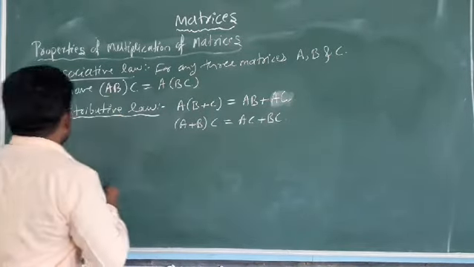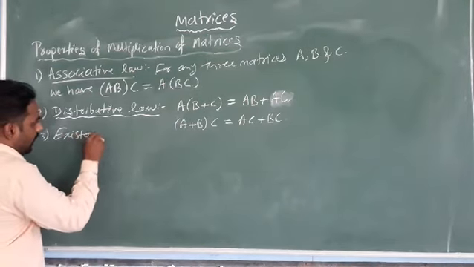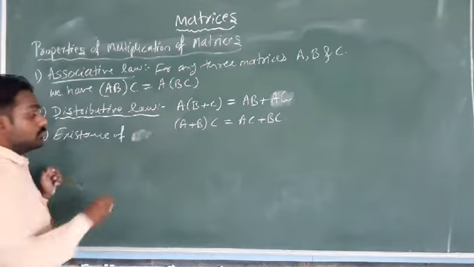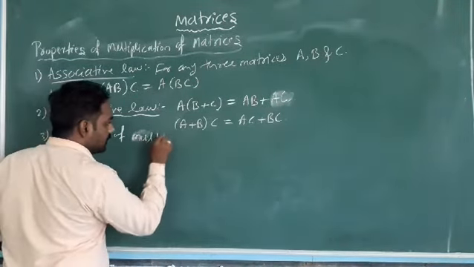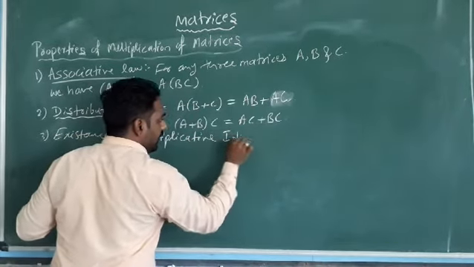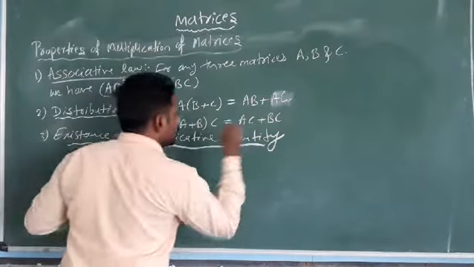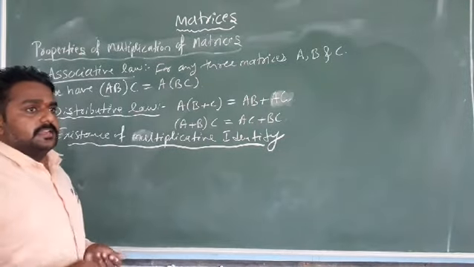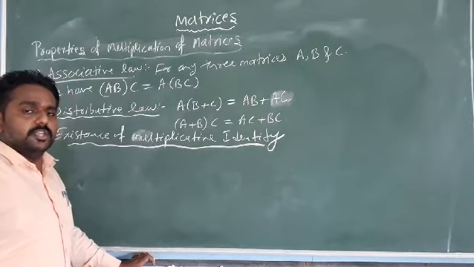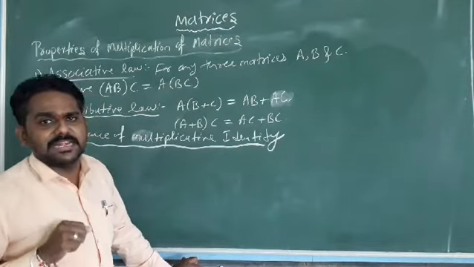And the third one, existence of multiplicative identity. In addition of matrices, for existence of additive identity, if you add a certain matrix to the given matrix, you get the given matrix itself.